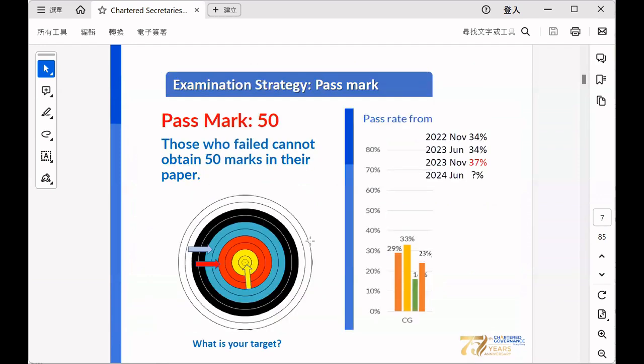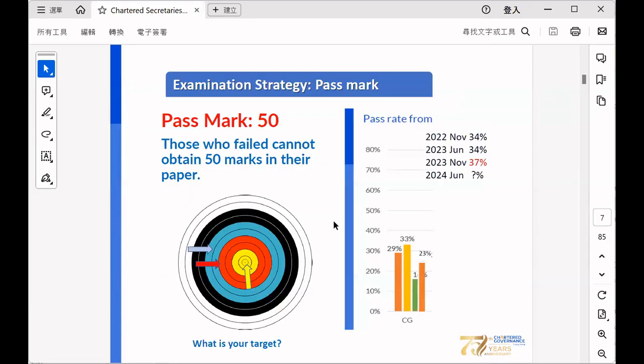You know this very well. There seem to be some improving signs in the pass marks. It's usually 30 something to 40%. So as long as you can discuss something reasonable and sensible, I think marks will be given to you.